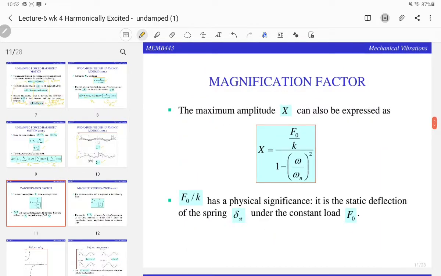The maximum amplitude can also be expressed as this capital X, where f naught over k has a physical significance: it is the static deflection of the spring under a constant load of f naught. How do we get this equation?